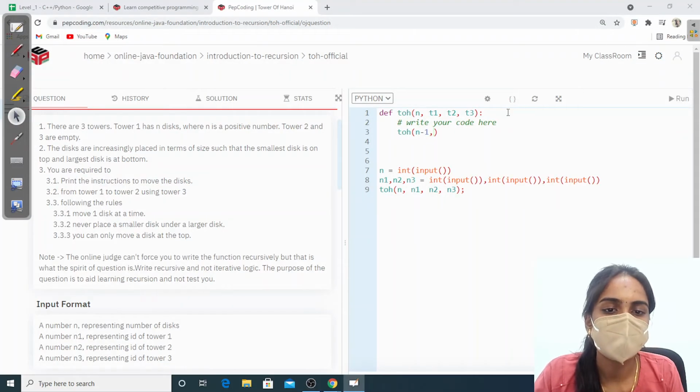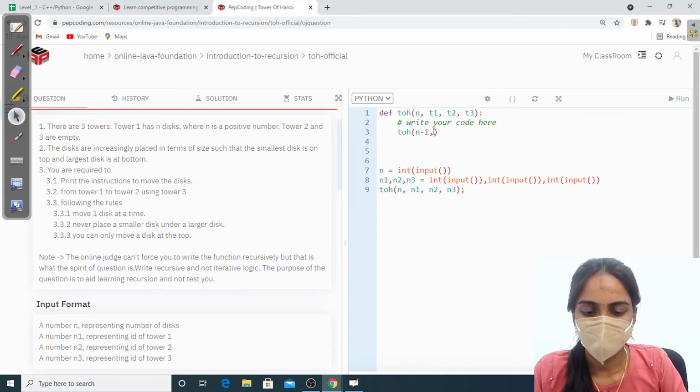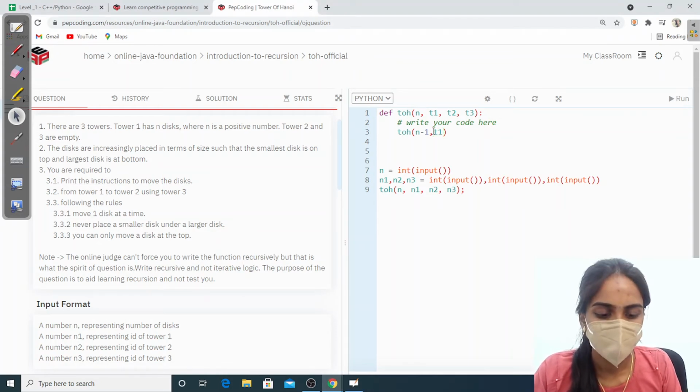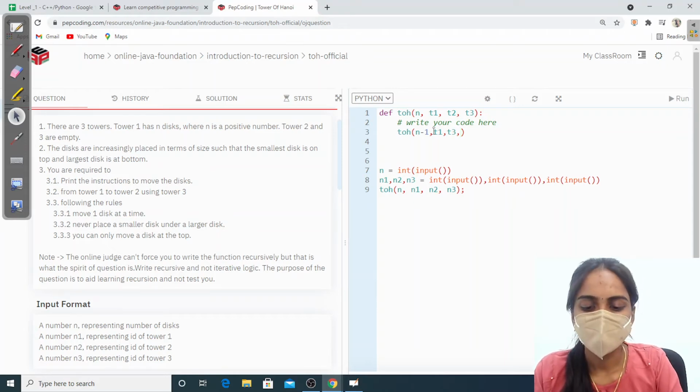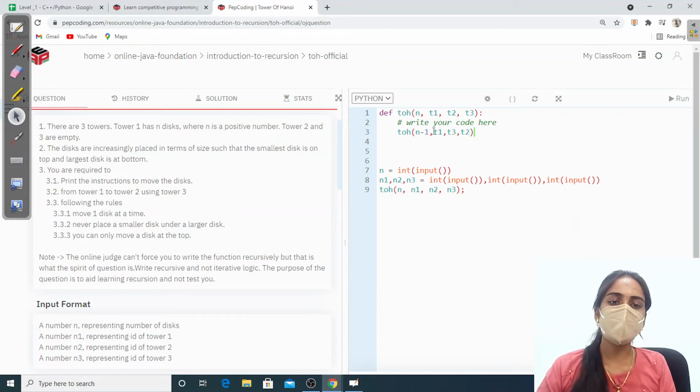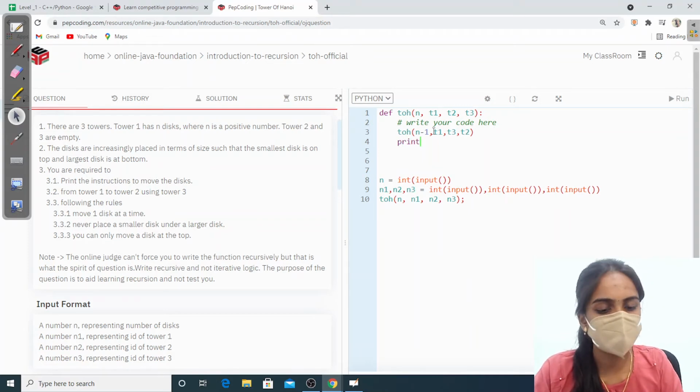So, tower 1, comma, tower 2, sorry, tower 3, correct? Third tower, comma, tower. Okay, then we are going to print the discs placed.